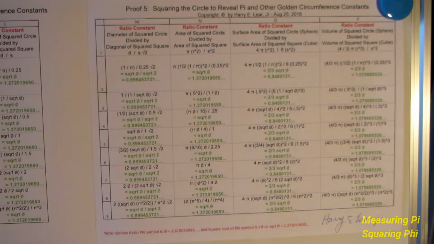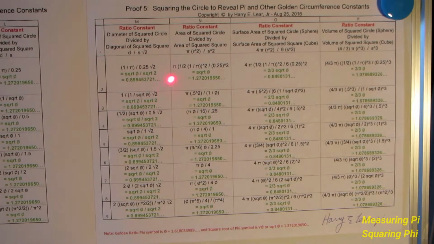What about the diameter of the squared circle divided by the diagonal of the squared square? In every case, it was the square root of the golden ratio divided by the square root of 2. In every single case, the attributes ended up being the square root of phi divided by the square root of 2.